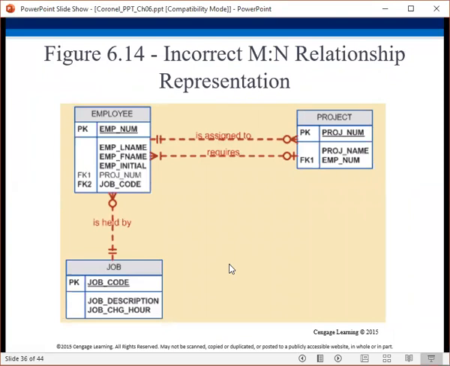Then we have project as a many-to-many type relationship. One employee is assigned to many projects, and one project may have many employees assigned to it.